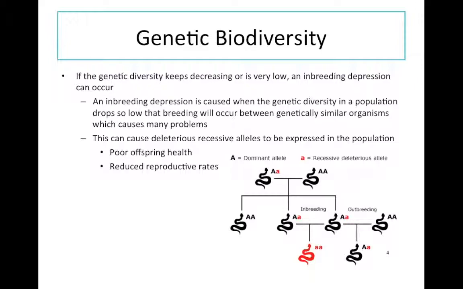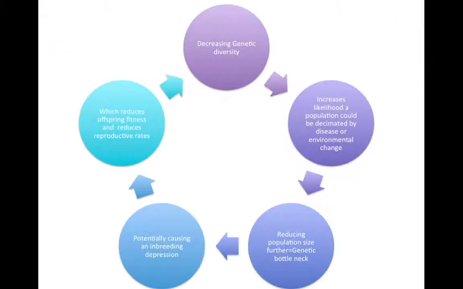This could be anything. It could make them more susceptible to disease or something along those lines. And it's not the only thing that can happen when there's an inbreeding depression, but feel free to research inbreeding depressions and have a look at all the other kinds of problems that can occur. But poor offspring health and reduced reproductive rates are two of the main problems.